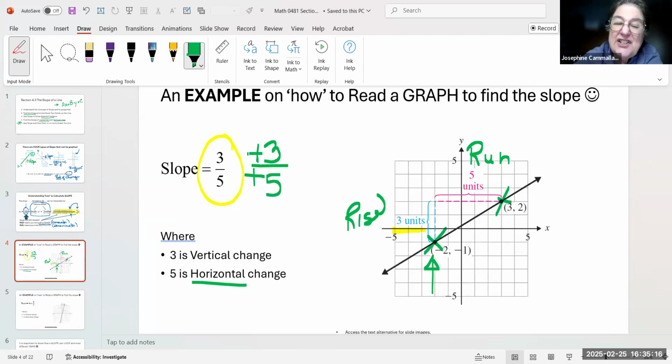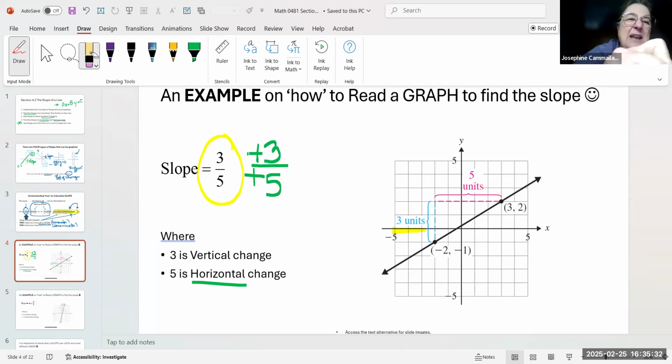Now, notice I started with this point. Well, I want to give you a little catch. What happens if I want to go the other way? That means I want to start from here. Well, I want you to notice something. I want to go over to -2, -1. Well, this time, watch what happens.